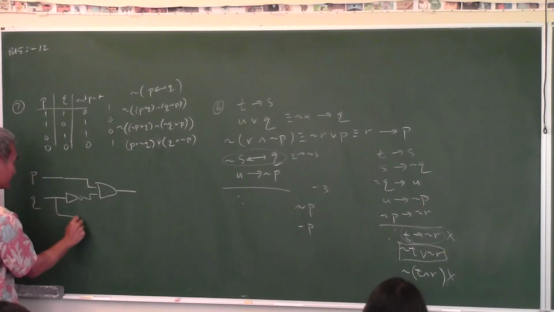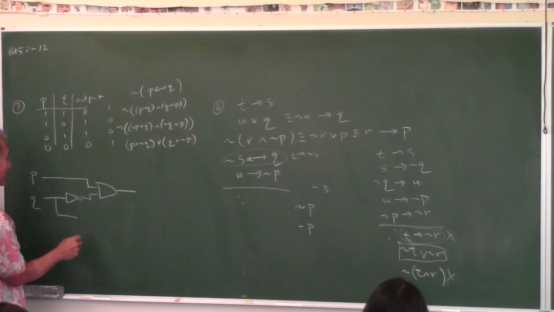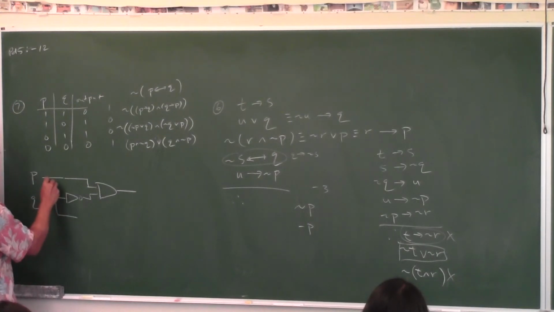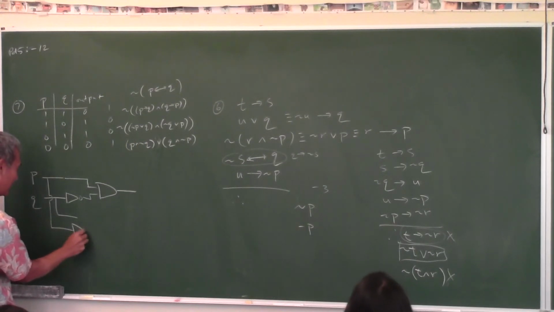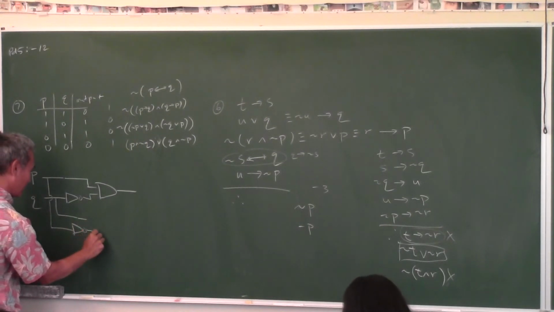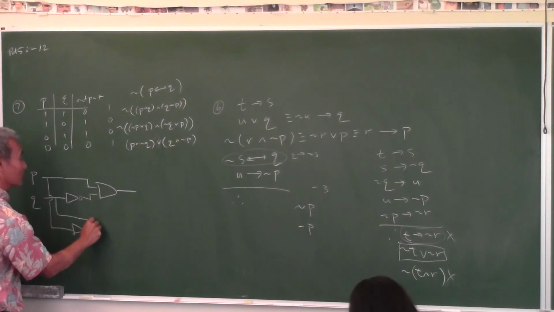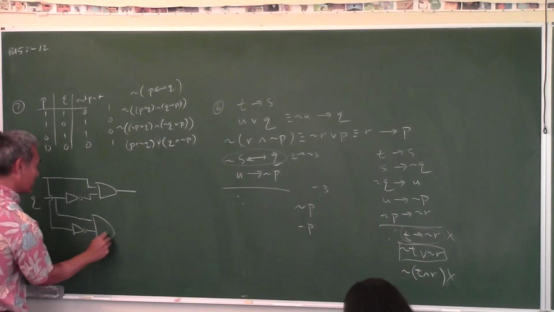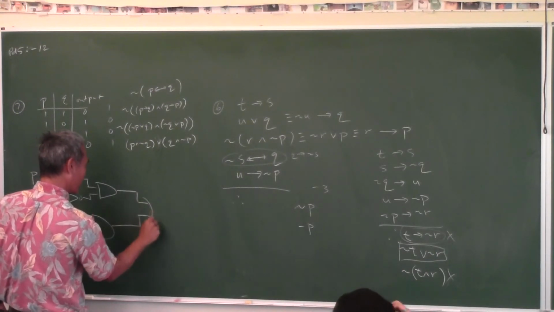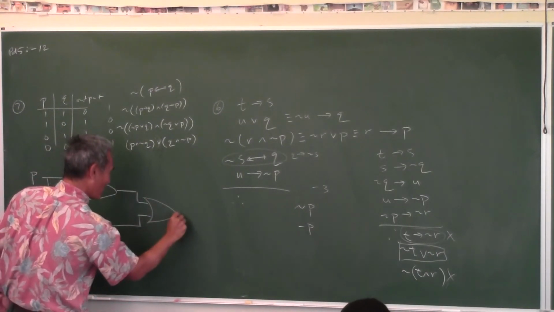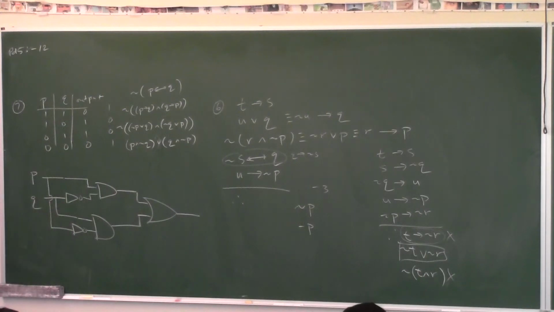So here's Q, and that gets ANDed with not P. So P jumps over the wire. Don't make up your own. It's ANDed, and then these 2 get ORed. Boom! Full credit.